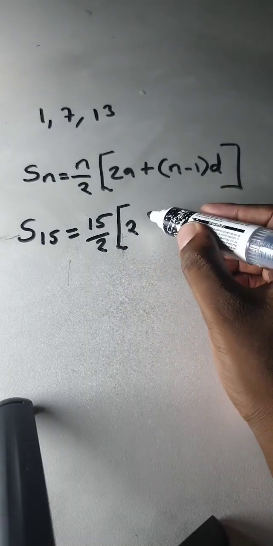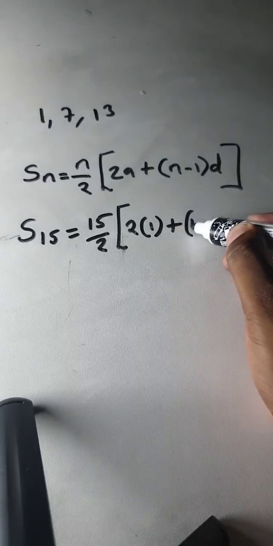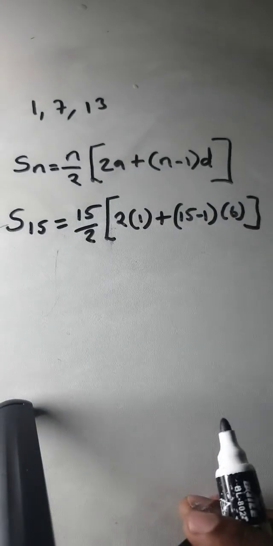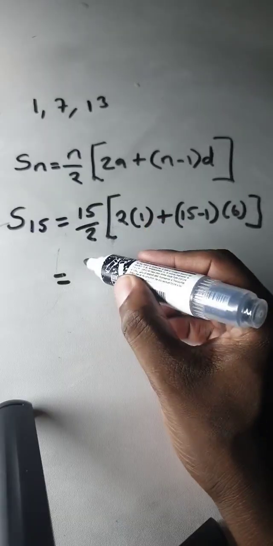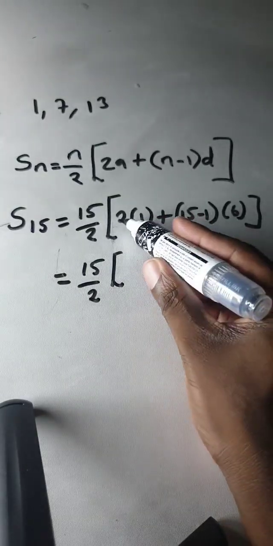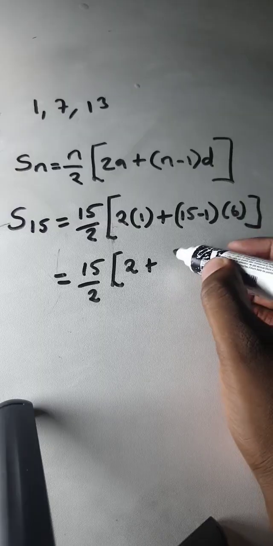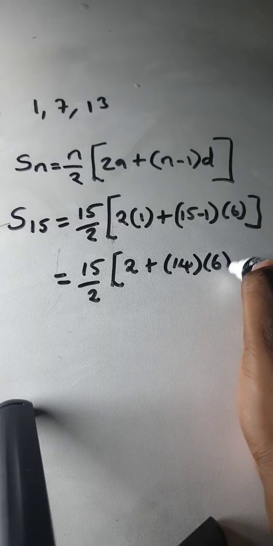Okay? Like that. First term is still 1. N is 15. Common difference is still 6. Then let's work out. So we have 15 over 2, 2 times 1 is 2, plus 15 minus 1 is 14, multiplying by 6.